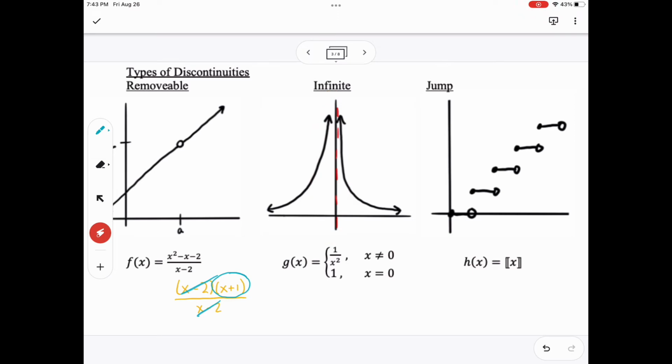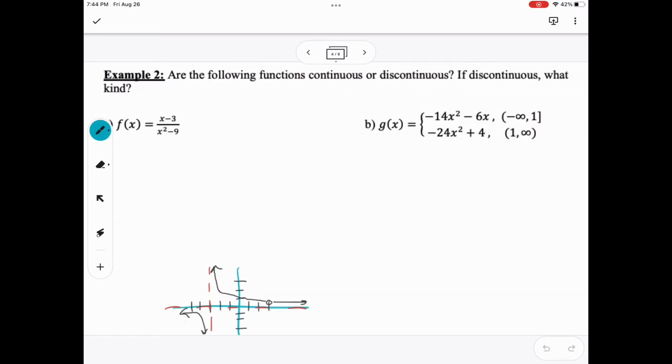Infinite discontinuity means your values are approaching infinity or negative infinity at that particular point, whether they're both going in the same direction or not. And then jump discontinuity is when your function is jumping from one spot to the next, kind of like the greatest integer function that I have posed there. That would be jump discontinuity.